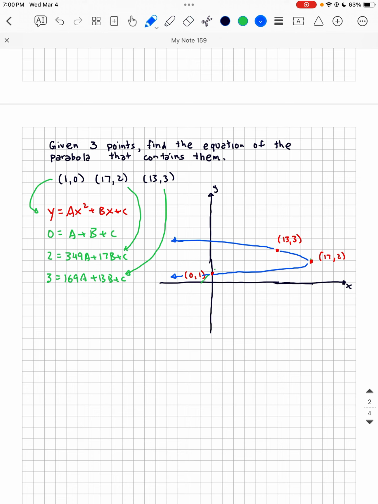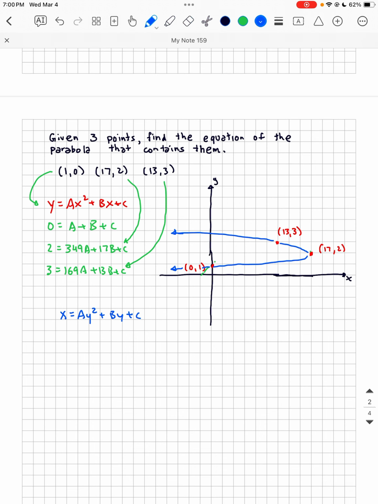So with the same points, if I want to solve for the blue, first I'm going to write the following: x is equal to ay squared plus by plus c. Same as before, we're going to take those points and plug them in for x and y, and then hopefully solve the system of equations. So I'll set it up, and afterwards I'll leave you the answer, so that way you can have it to try.